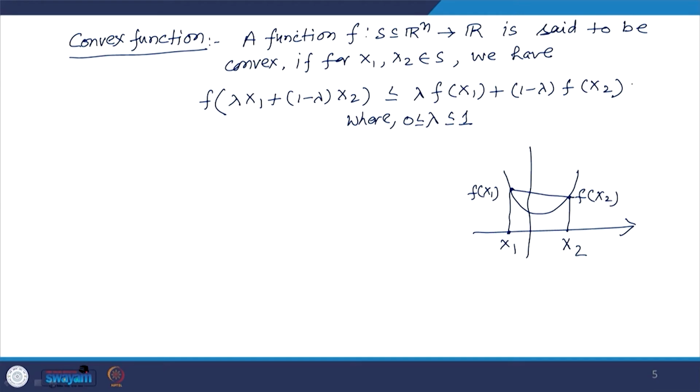Now, what this inequality is saying is that the function's image of the point lambda x1 plus 1 minus lambda times x2 on the line joining x1 and x2 always lies under the chord joining f of x1 and f of x2. So, if a function satisfies this property for all x1, x2 belonging to S, then we say that function f is a convex function.